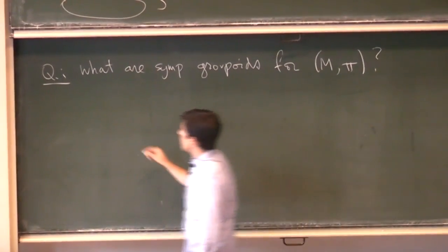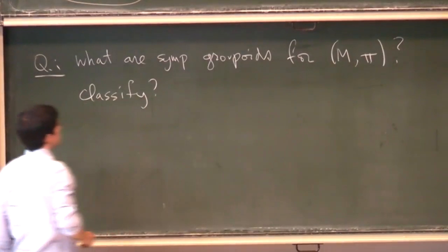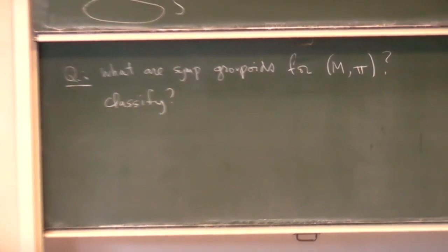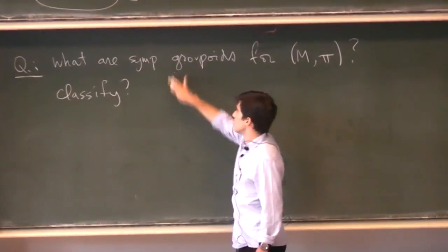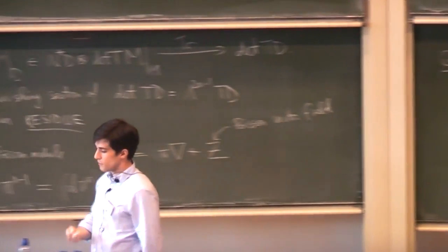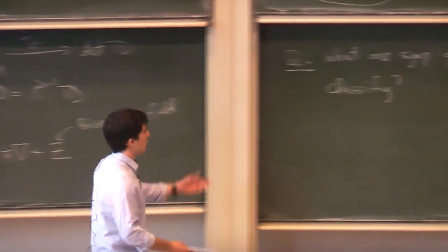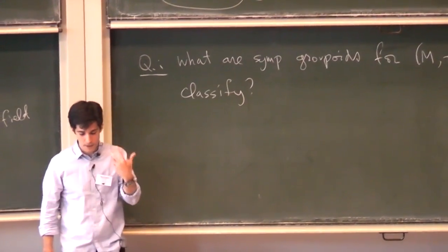Can we classify them? Can we construct them explicitly? I mean, thanks to the work of Crainic and Fernandes, we know about the existence of symplectic groupoids in this case. So they do exist, but that doesn't tell me what they are in some geometric sense.